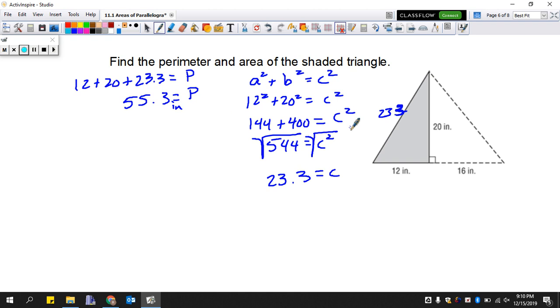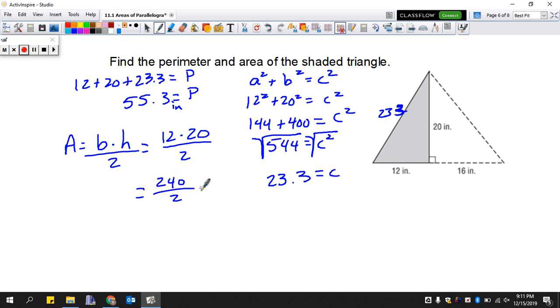All right. To find the area, you'd say the base times the height. Area is the base times the height divided by 2. So that's 12 times 20 divided by 2. 12 times 20 is 240, divided by 2, which is 120.